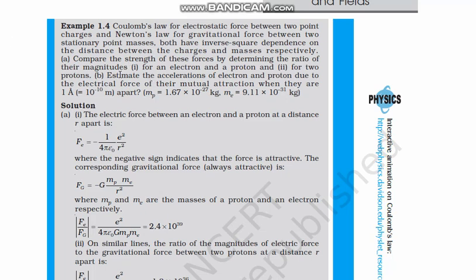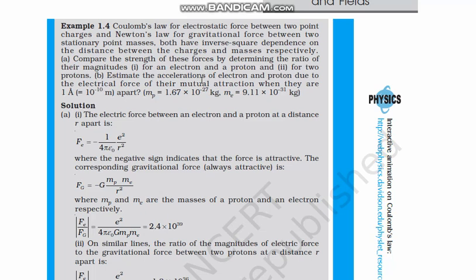Then estimate the acceleration of electron and proton due to this electrical force of their mutual attraction when they are 1 angstrom apart. So the second part is that we have to calculate the acceleration.